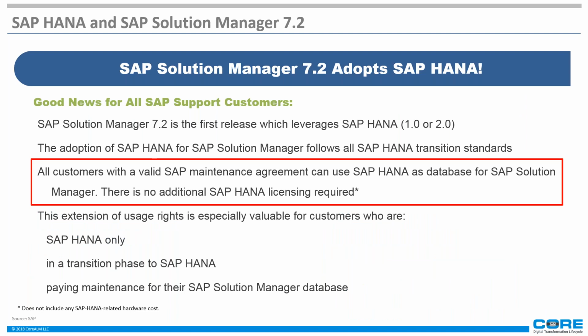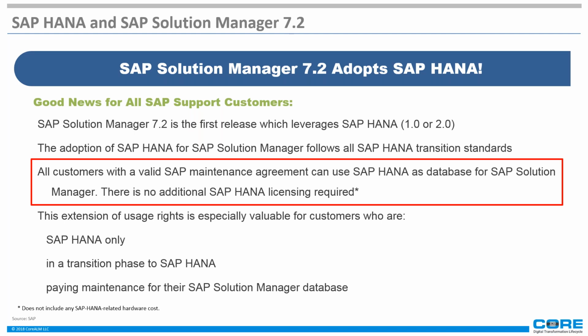Now, we have mentioned HANA a couple of times. Solution Manager 7.2 is the first release that supports HANA, runs on HANA and takes advantage of HANA. In some earlier versions you could run them on HANA in some specific and special cases, but it didn't really take advantage of the HANA technology.